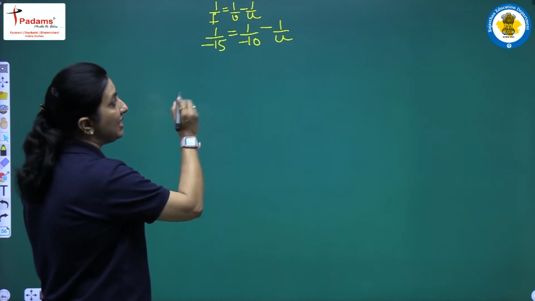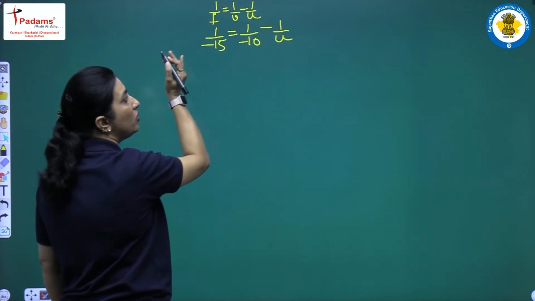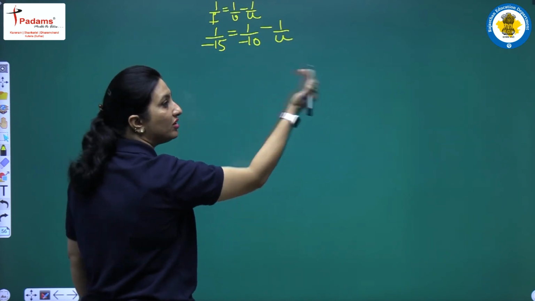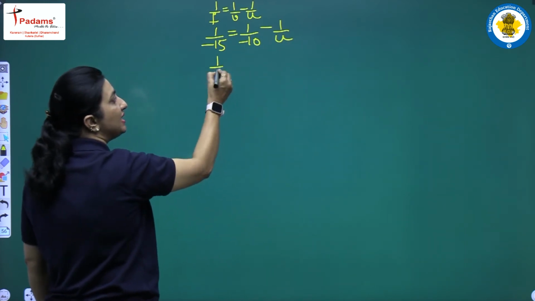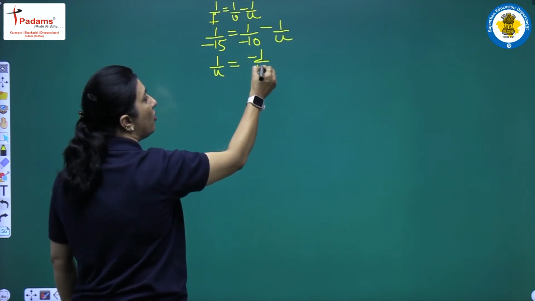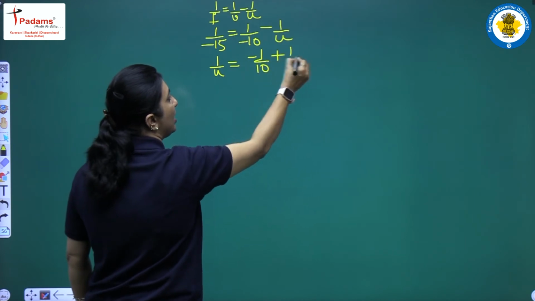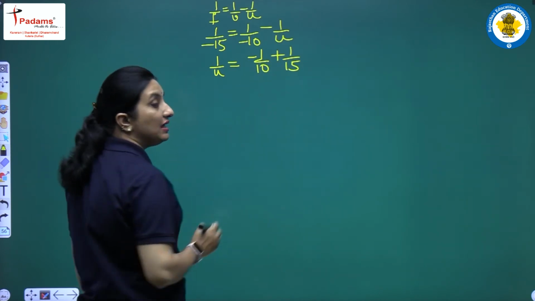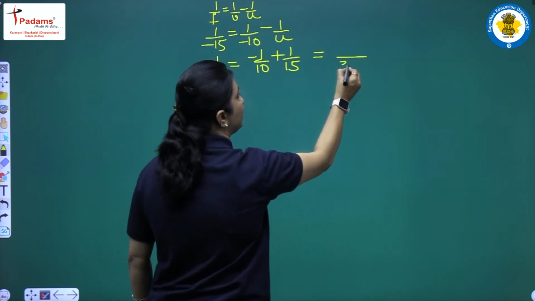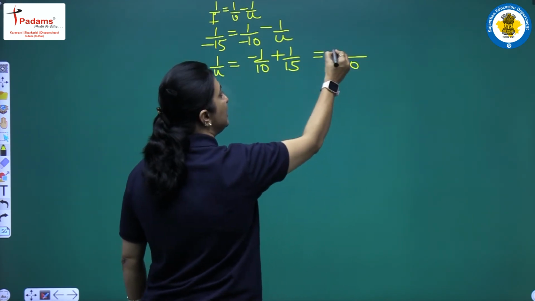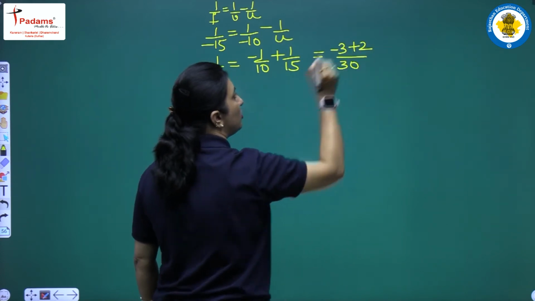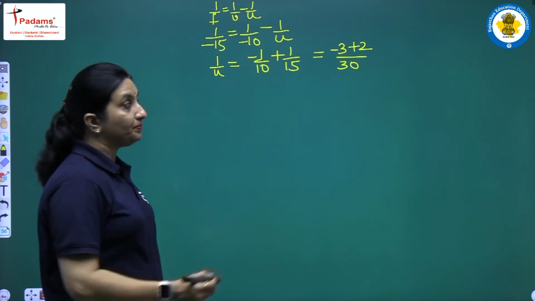On rearranging this, I will take 1 upon U on the left hand side and the negative of 1 upon 15 on the right hand side. So on rearranging, what we get is 1 upon U is equal to minus 1 upon 10 plus 1 upon 15. Here we will take the LCM, and the LCM can be taken as 30. 10 3s are 30, so this will become minus 3, 15 2s are 30, so this will come out to be plus 2.